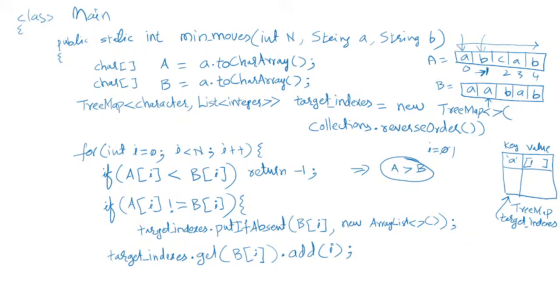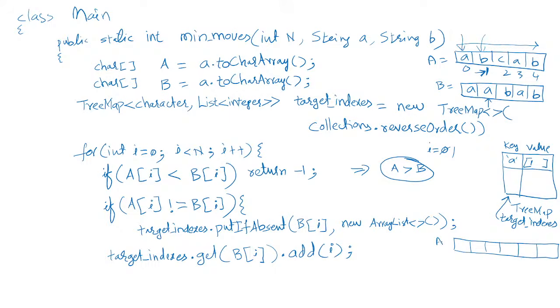Since for this string we get only one index for each key here, if you have a long string you will get two or three indexes. That means in all such places you need to replace with the character A. That is the meaning of this: all such indexes we are identifying and storing here.